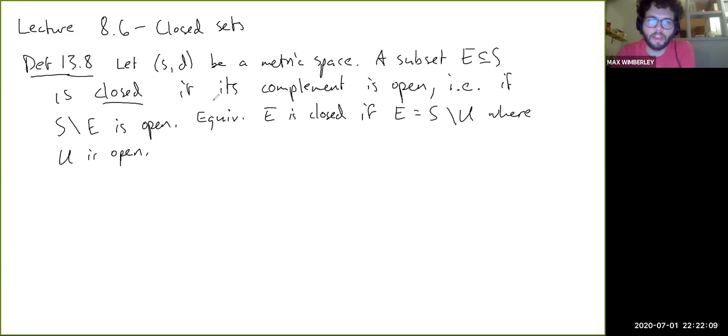So if we're saying that E is closed when its complement is open, that's the same as saying that E is closed when it is the complement of an open set, right? So if E's complement is open, then it's also the complement of its own complement. So that means it's the complement of an open set, okay?